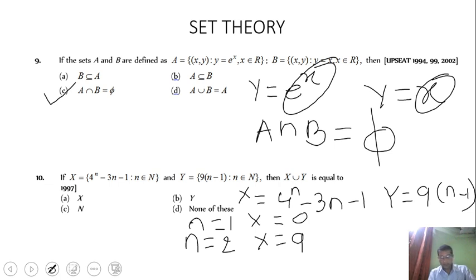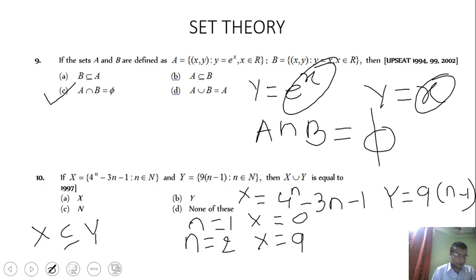Therefore 0, 9, 18, it is a multiple of 9. So x is a multiple of 9 as well as y is a multiple of 9 into n minus 1. Therefore it is clearly x is a subset of y.